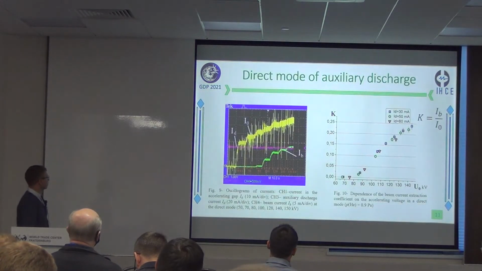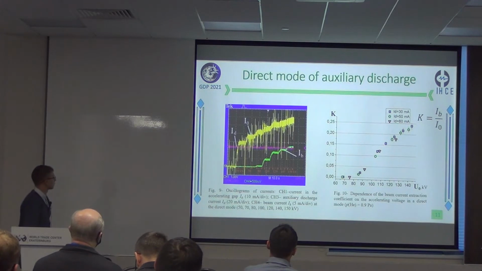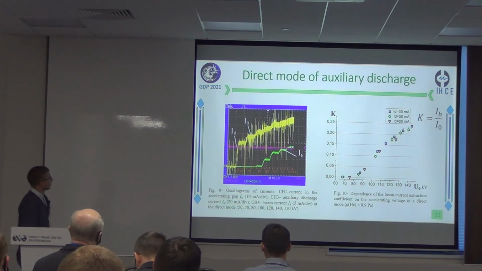At the start of this research work, we measured oscillograms of currents at the direct mode of auxiliary discharge and quantified the extraction coefficient. You can see that this coefficient is low, up to 0.25.